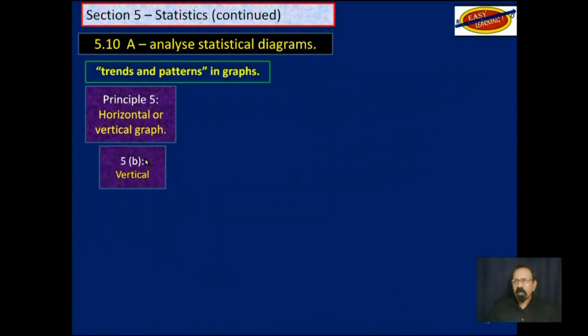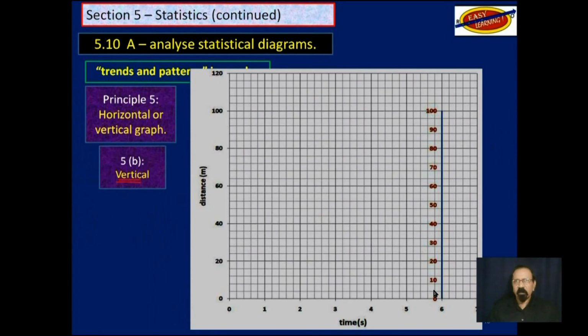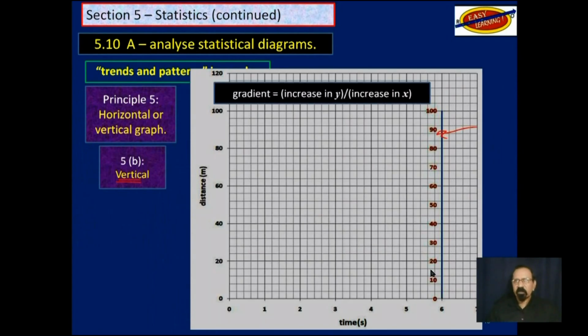Conversely, if the graph is vertical, like this one here, remember gradient is increase in y divided by increase in x. So the y does change. The x has no change. It goes straight up. So the y-axis changes, the x-axis has no change.